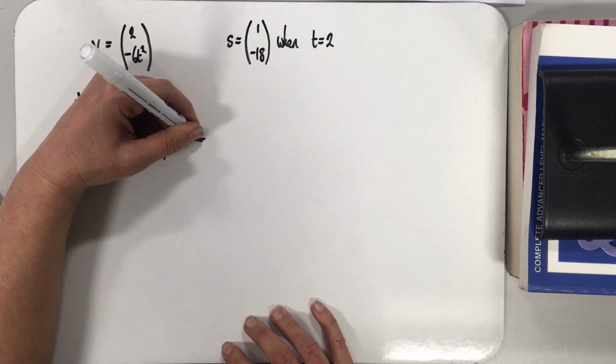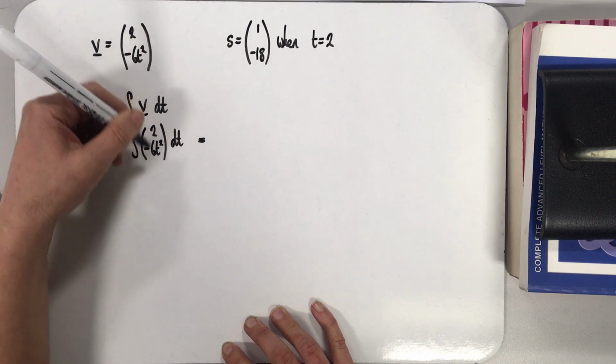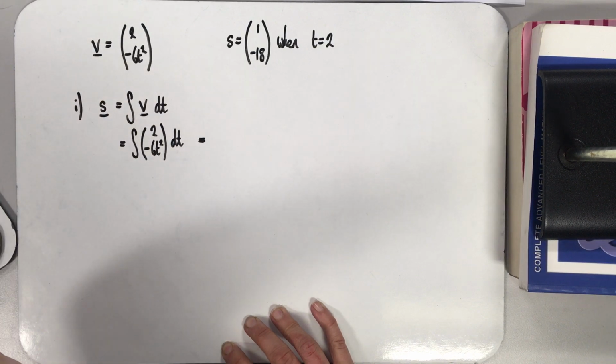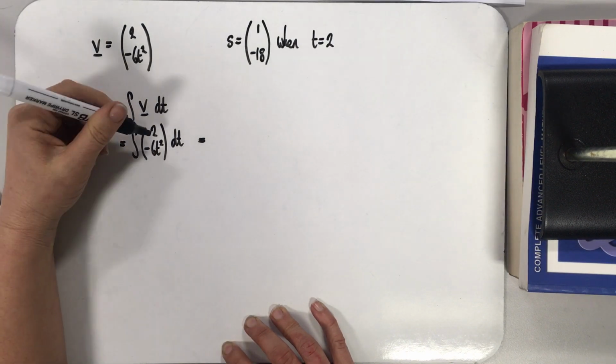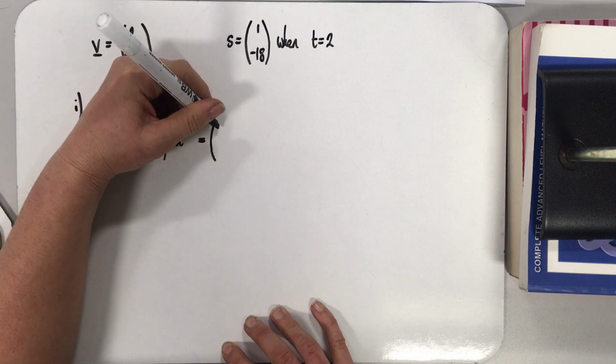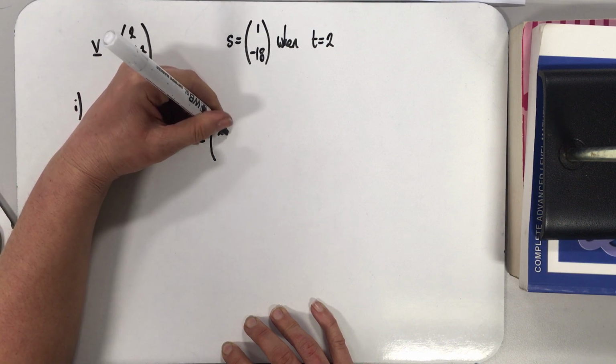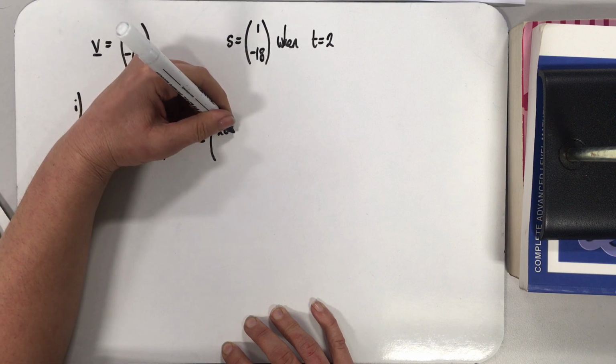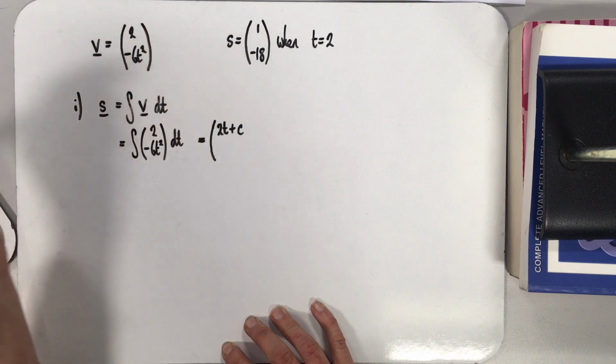So usual rules of integrating, you just need to do the x and y components separately. So 2 integrates to 2t, but we mustn't forget the constant of integration. So that is going to be 2t plus c.